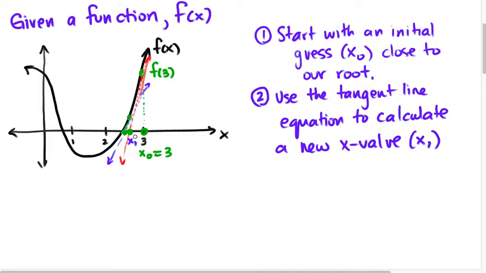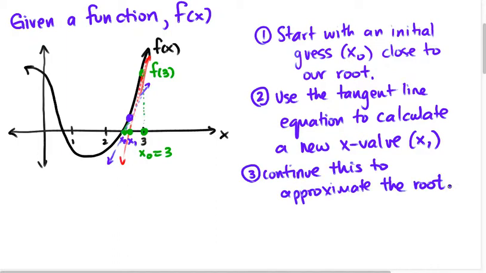Then we repeat. We use that tangent line equation for this point of x1, evaluated at f of x1, to find x2, and we continue to do this until we get an approximation for our root.